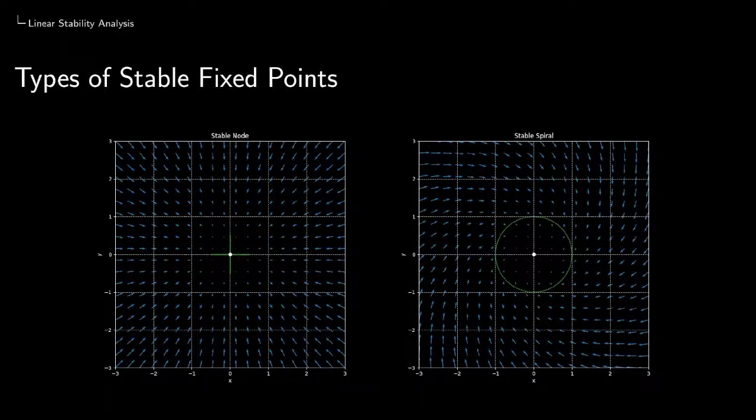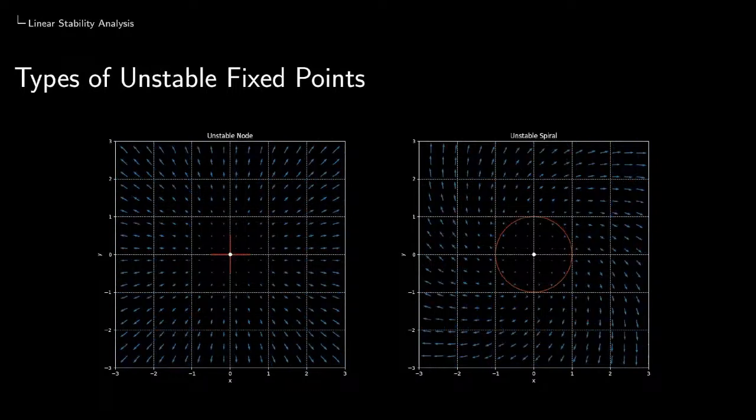So if all real components are negative, it'll be nice and stable, and the spirality is dictated by whether you have a complex conjugate pair. Likewise, if you have a pair of eigenvalues that are unstable, or have positive real component, you're going to get an unstable node or an unstable spiral, depending on whether you have a complex conjugate pair or not. There's not much to distinguish this other than the sign of that real component.